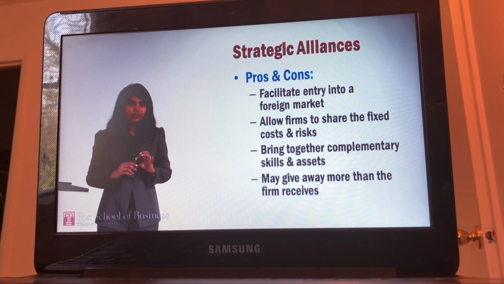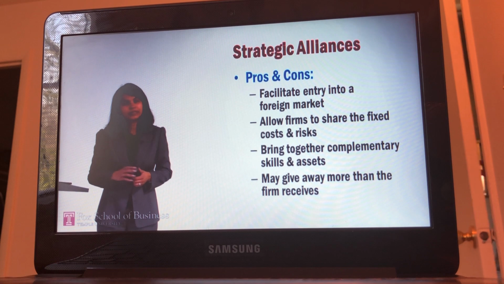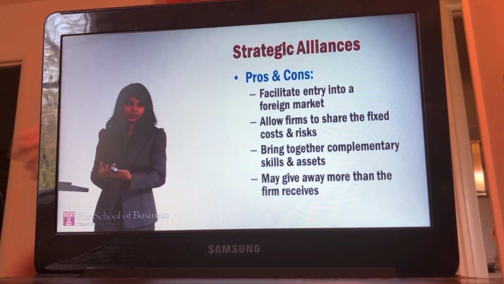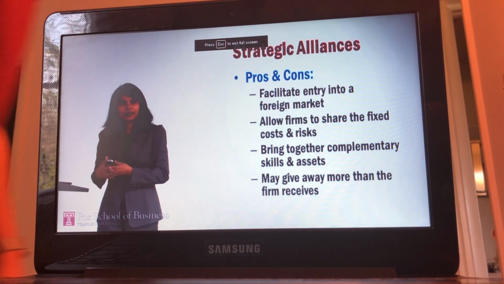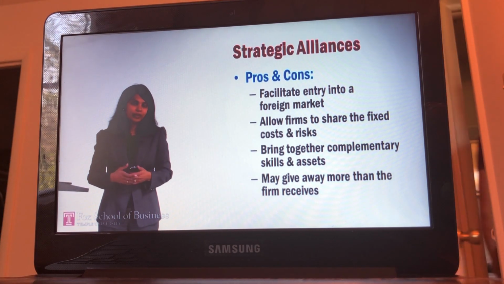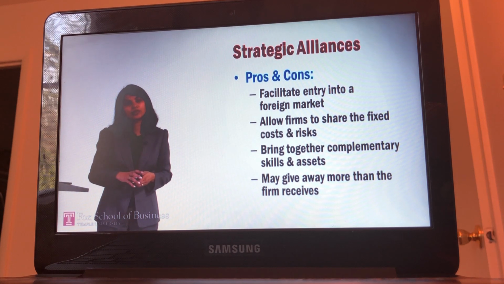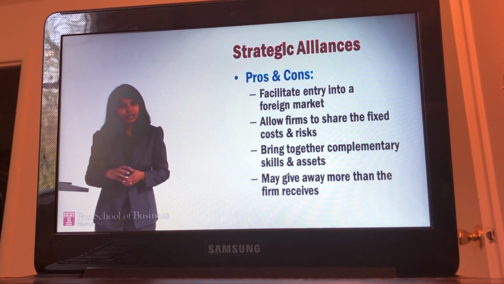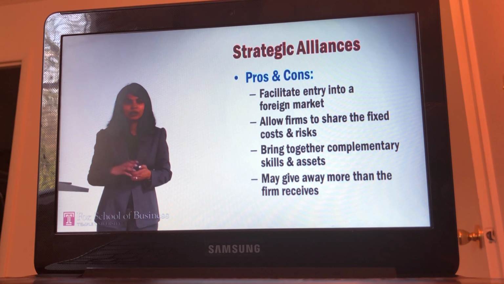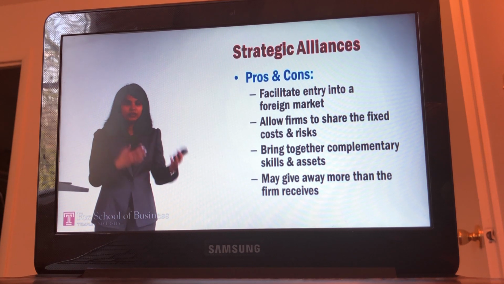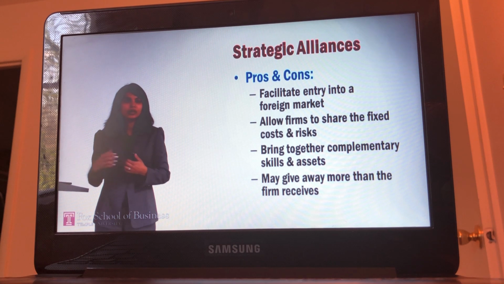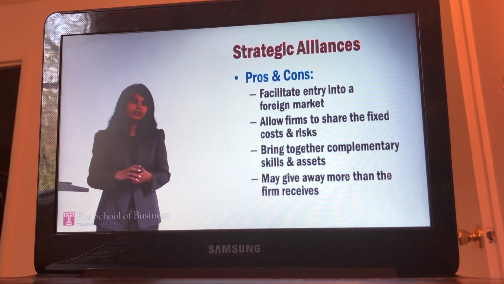The first advantage is that an alliance with a local firm can help you enter a new market and help you share the costs and risks, as compared to if you enter the market alone. For example, Warner Brothers wanted to expand their business in China, and they figured out that there would be a lot of governmental issues in terms of getting certain contracts and paperwork if they entered the Chinese market alone.